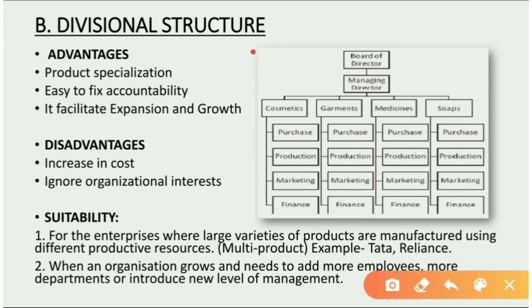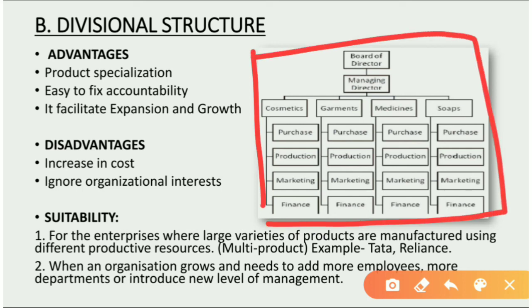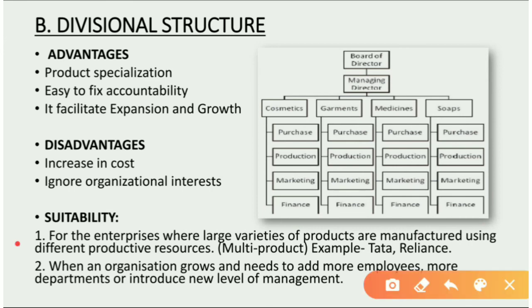Now, this form of structure is suitable in which type of organization? Let us see. For the enterprise where large varieties of products are manufactured using different productive resources, like your multi-product Tata, Reliance. Large variety of product means the enterprises producing not a single variety, they are producing more than one variety.